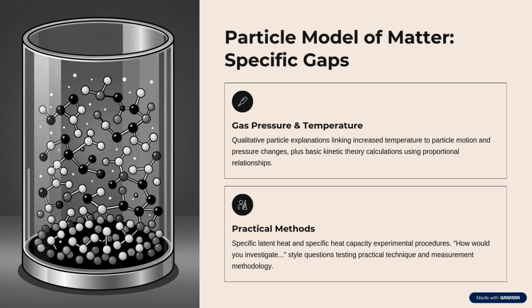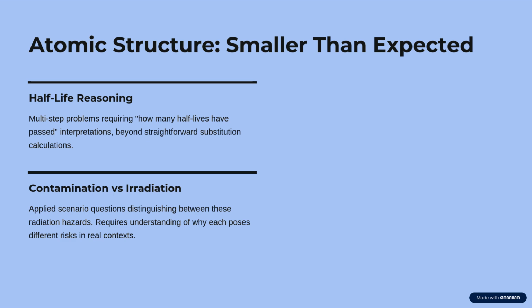Okay. Now, going on to atomic structure. This stuff isn't always dominating in marks, but it does catch people. Half-life reasoning is a big one. Questions like: how many half-lives have passed? So if it goes from 84 to 10.5, that's actually 3 half-lives.